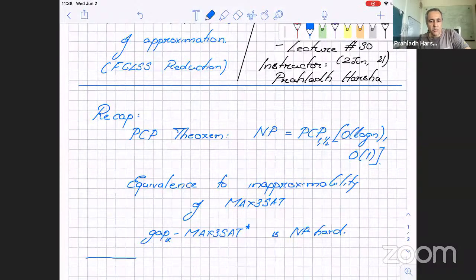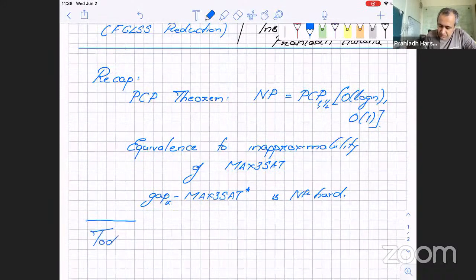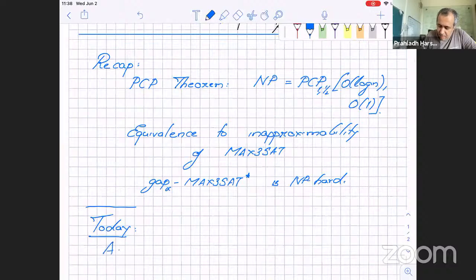So what we want to see today is another application to hardness of approximation. Today we will see an application towards the hardness of approximating the maximum clique of a graph.